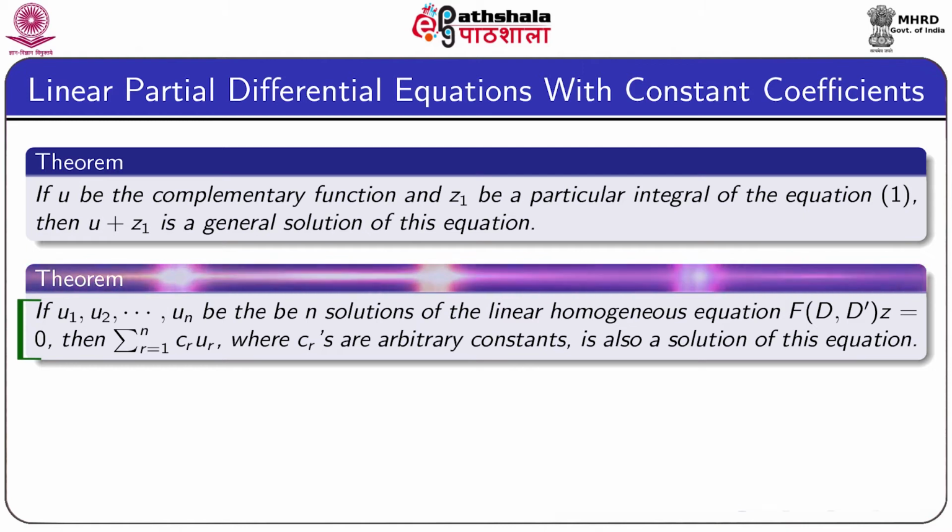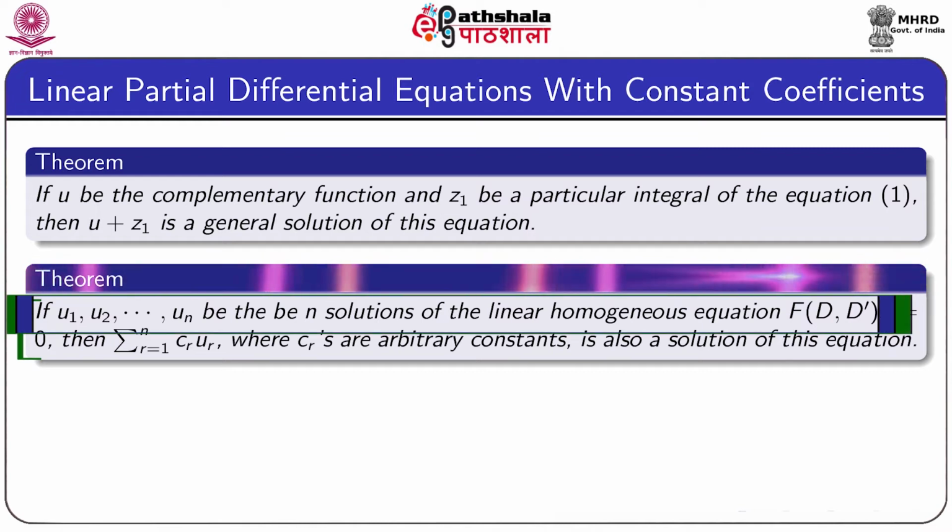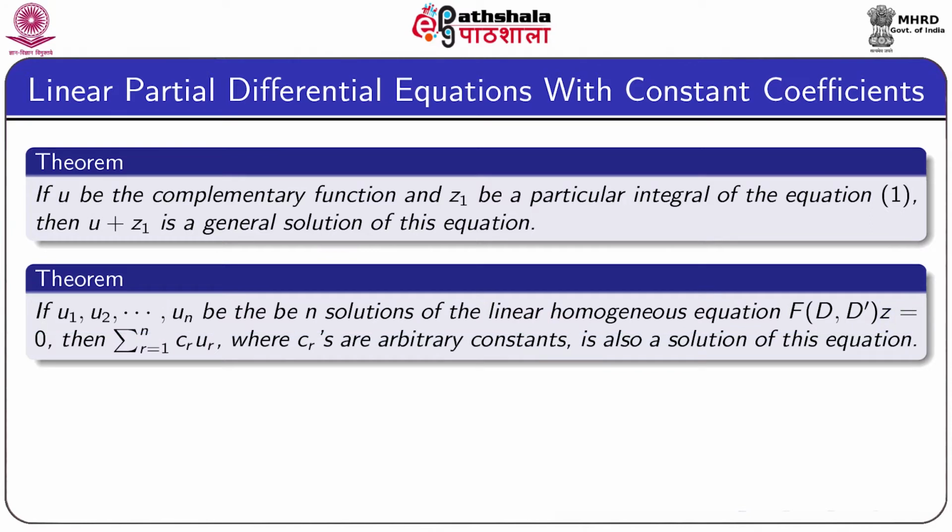There is another theorem I need to state here: if u1, u2, ..., un are n solutions of the linear homogeneous equation F(D, D') z equals 0, then a linear combination of these functions, that is, the sum of c_r u_r for r equals 1 to n, where the c_r are constants, is also a solution of this equation, and this is called the superposition principle.